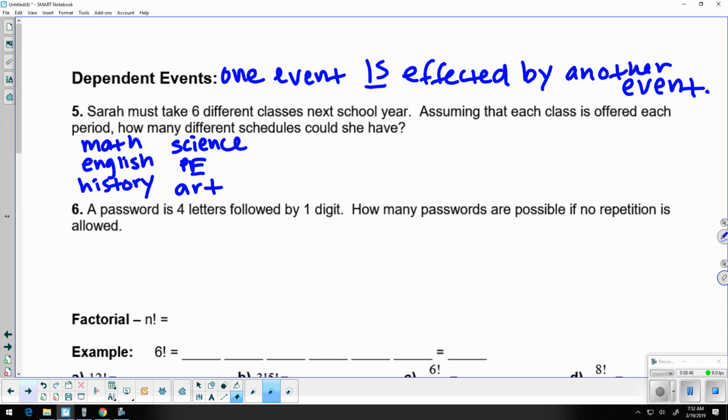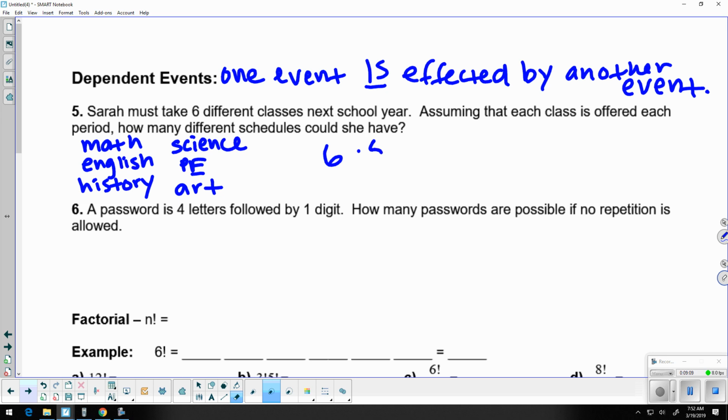So she could put these in any order that she wants to. So pretend like you're the guidance counselor and you're trying to arrange her schedule around. Let's say she puts math first period, right? So when she chooses that first hour class, she has all 6 choices to choose from. But once she puts math to be first period, she can't have math again. So again, my next choice is going to be affected by my previous choice.